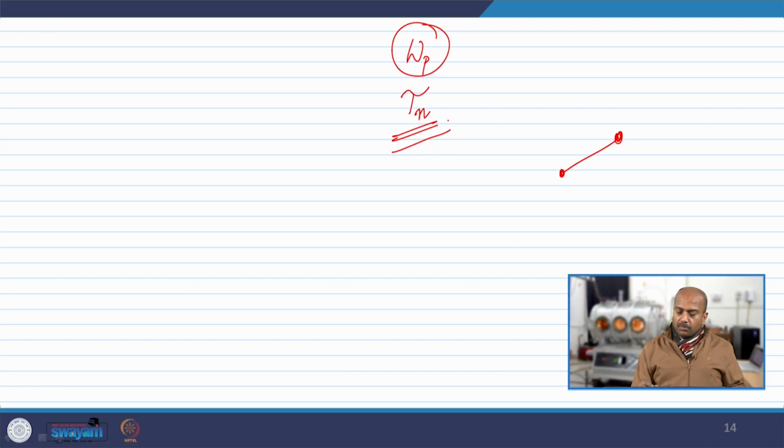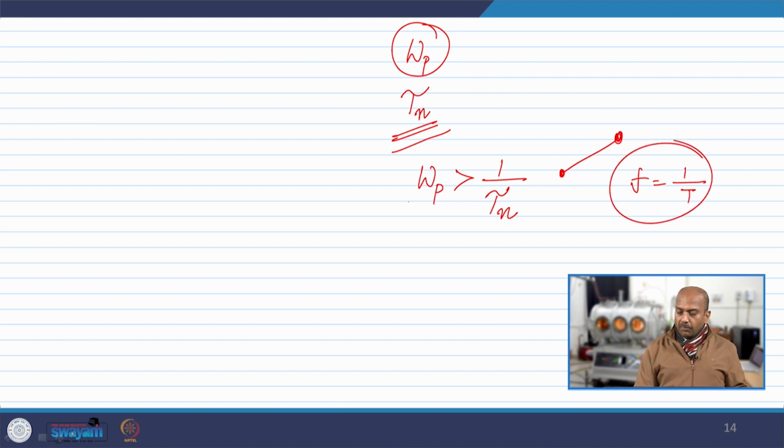So, if you relate these two things, we can simply write ωp should be much greater than 1 by τn. Collisions can happen, of course, but collisions will happen after the plasma oscillations have taken place. Frequency is 1 by time, so if I am comparing these two time scales, I have to do it like this.